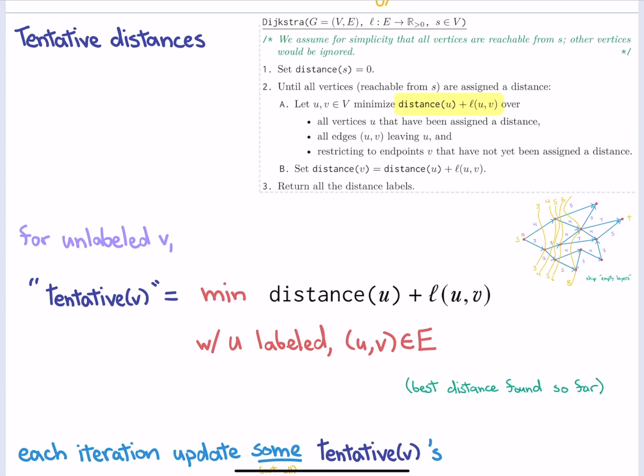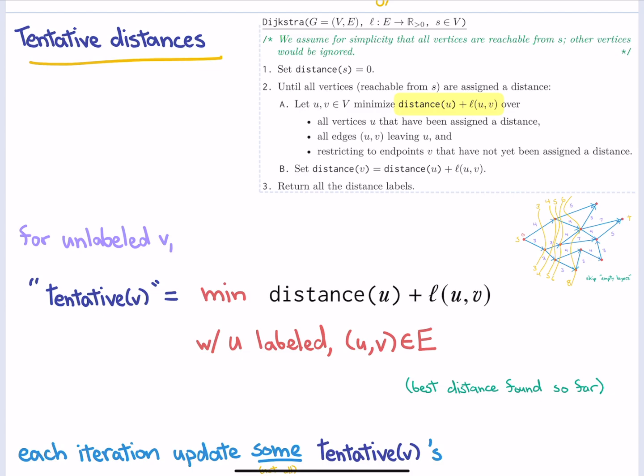So to set that up, let's define some notion of tentative distance. We have all these unlabeled vertices. We haven't really figured out their distance yet, but we have these candidate values where we use a previous distance value and we add an edge. We don't know if that's the best one yet, but we have some tentative values so far.